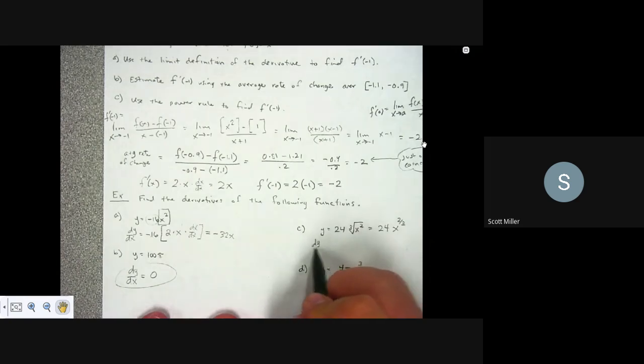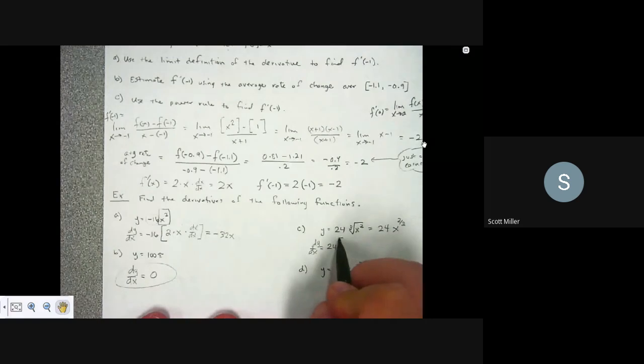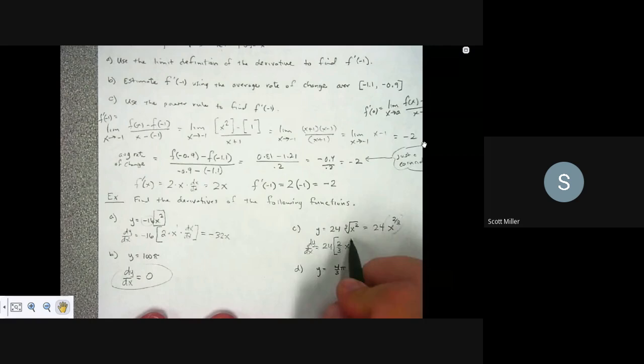So dy dx is going to be 24, that's the constant, and then take the derivative of that, which is 2/3 x, lower this by 1, so 2/3 minus 3/3 is a negative 1/3, times the derivative of x with respect to x, and then we can multiply this stuff out. So 3 goes into 24 8 times, 8 times 2 is 16, and x to the negative 1/3, and you can be done there.